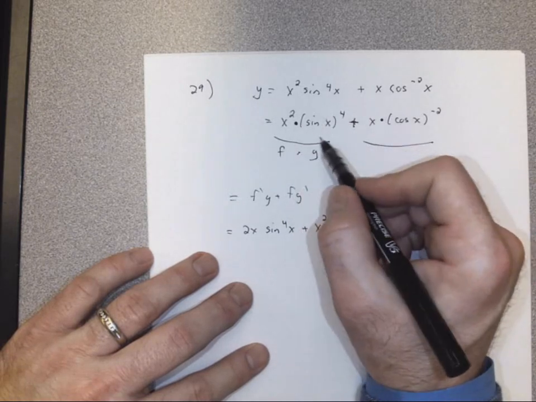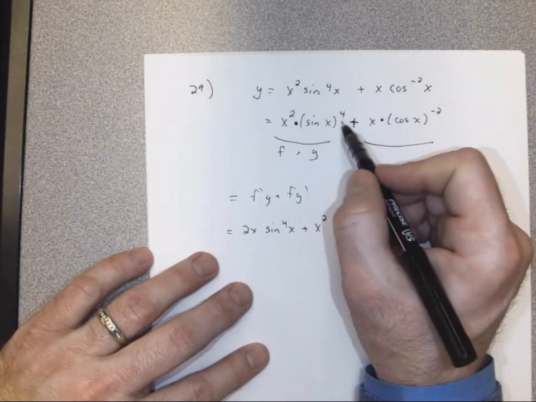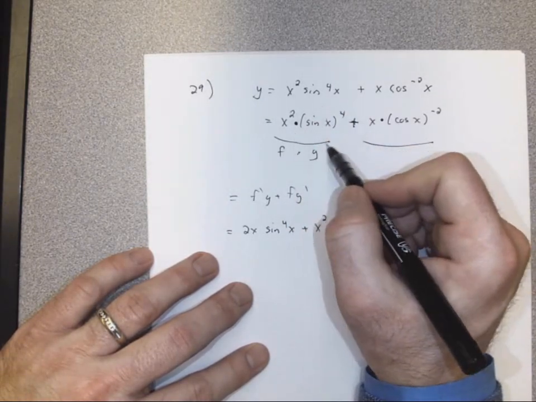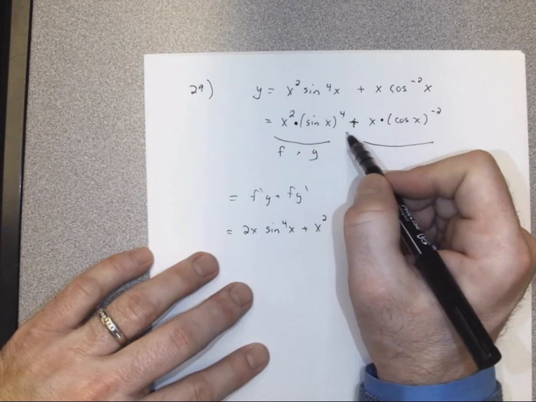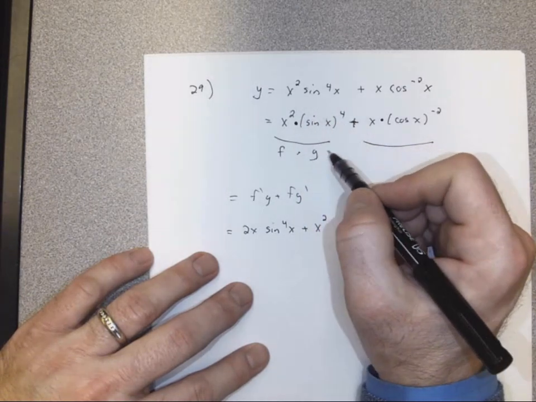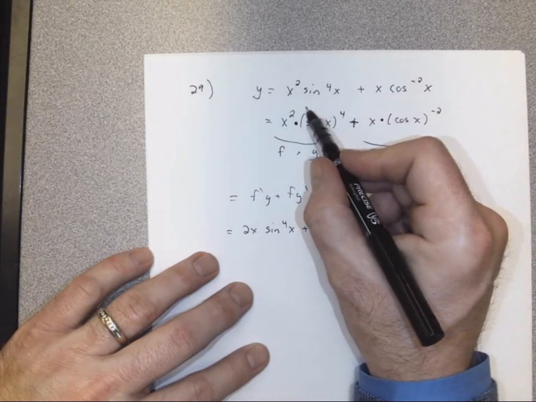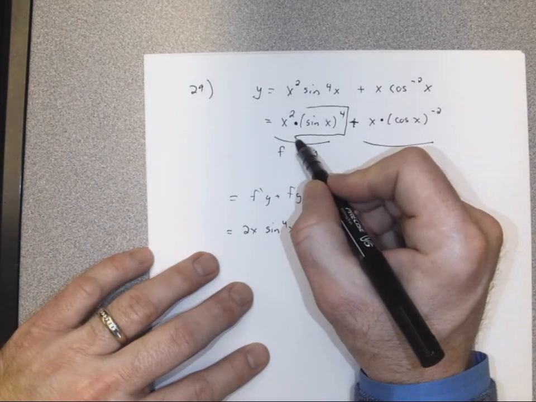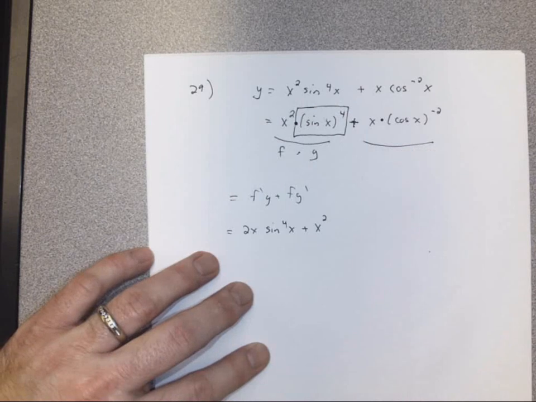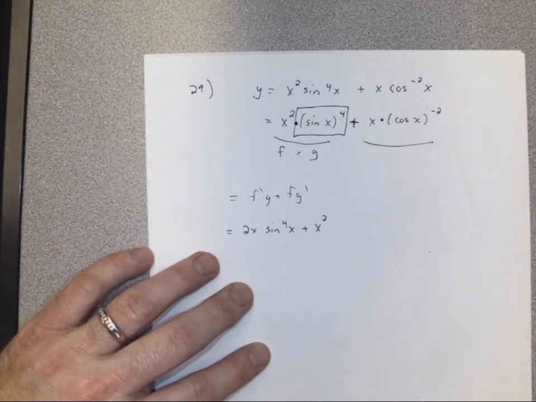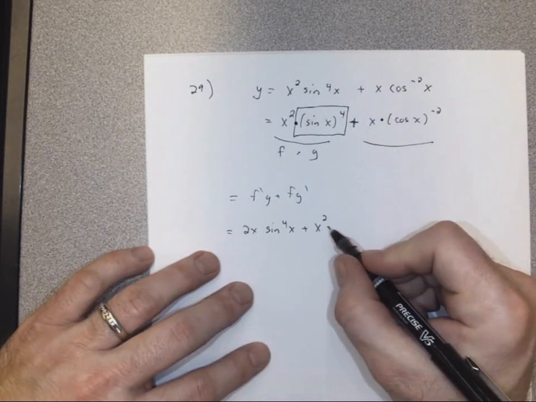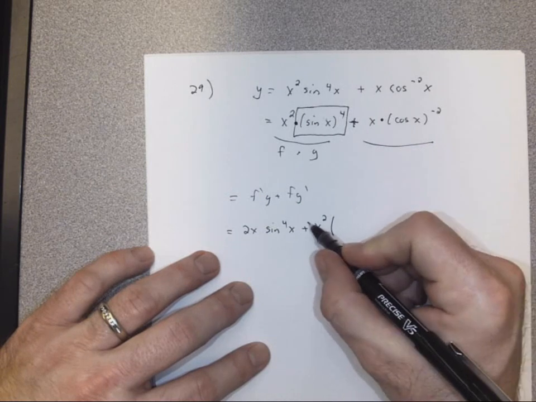How do you take the derivative of this thing? What's the outer function here? So this piece right here. When I take the derivative of this, what's the outer function there? The 4. Good. So the 4 is going to go where? Yeah, I should put it right here.